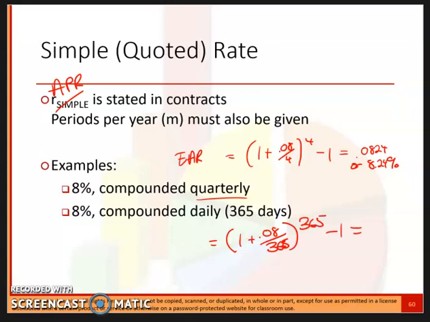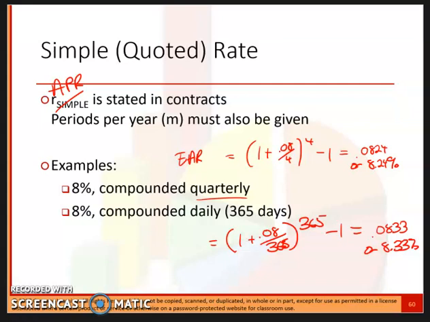Let me do that calculation. Okay, so this one is 0.0833 or 8.33%. You're probably thinking this is kind of an ugly formula. I don't really want to use this.